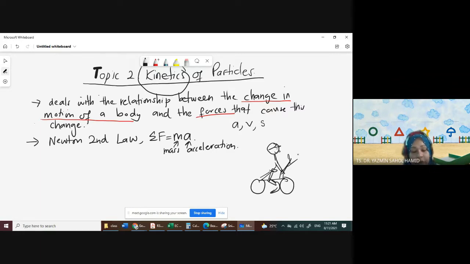Okay, cycling is a good example, but it's similar to what we had before in kinematics. The difference is that we assume they're cycling along a road, but there is a force, an initial force due to the mass of the person. Let's say they're cycling, then suddenly they brake, right?